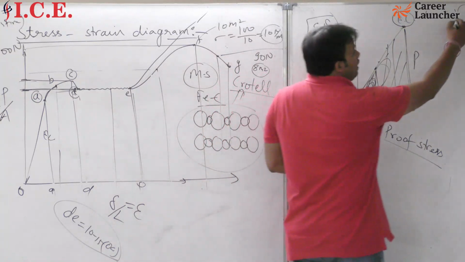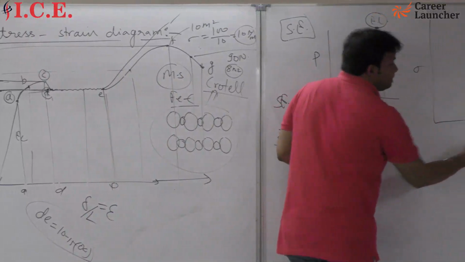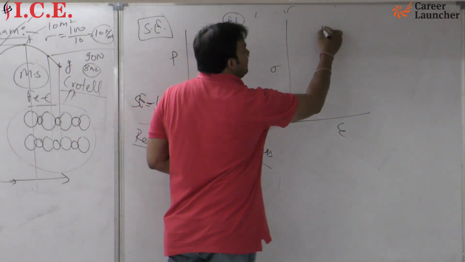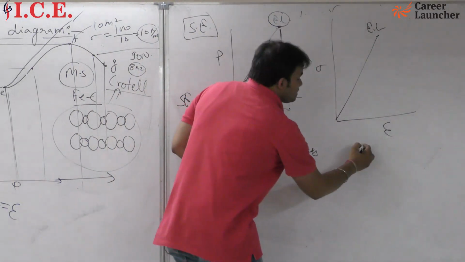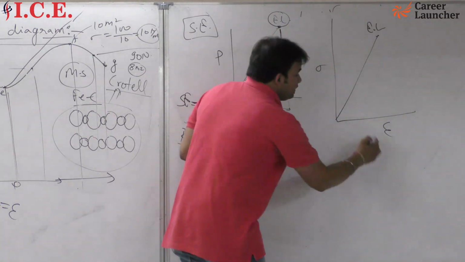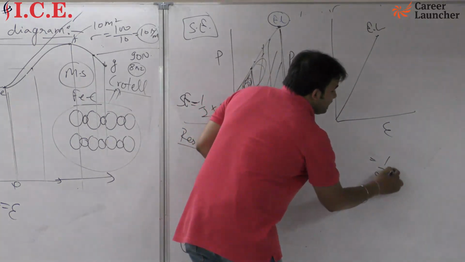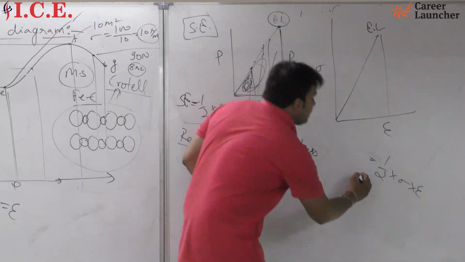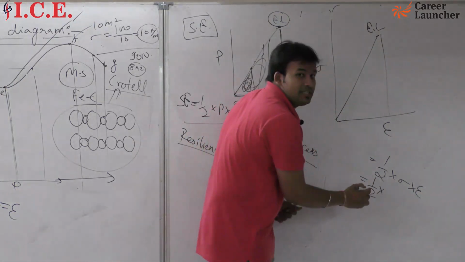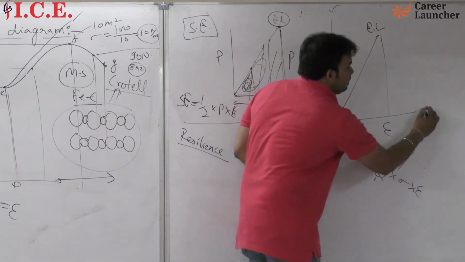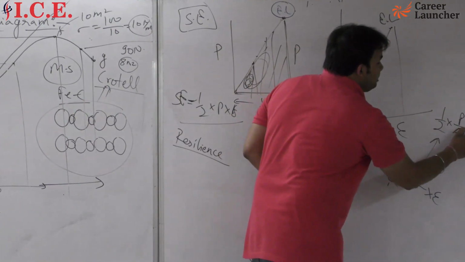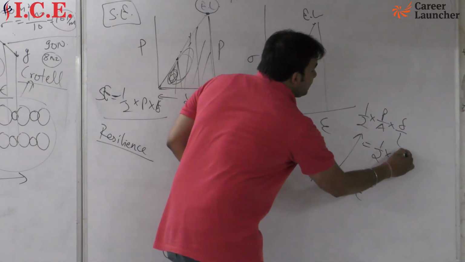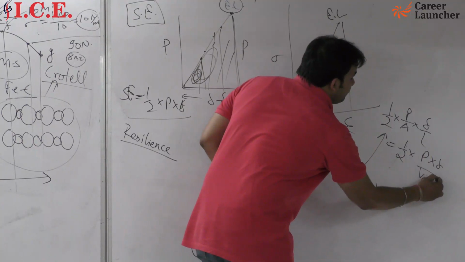Okay, but if we talk about the stress versus strain diagram, and suppose this is your stress versus strain diagram, this is your elastic limit, then in that condition if you want to calculate strain energy, and you are considering the same triangle area, 1 by 2 into sigma into epsilon, then here sigma means P by area, and epsilon means delta upon L. It means 1 by 2 into P into delta upon volume.